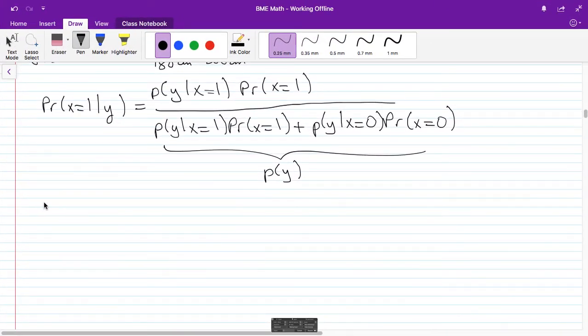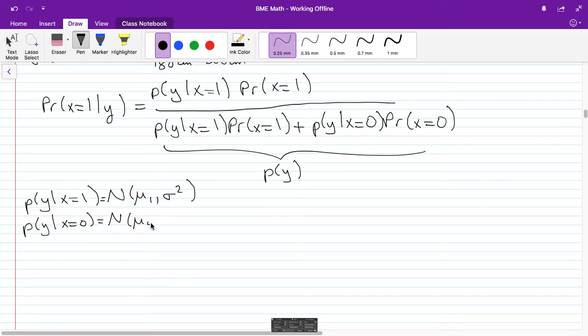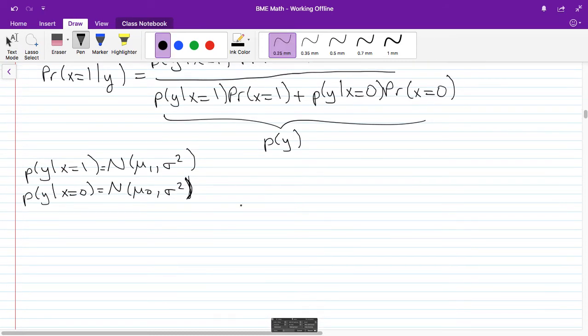Okay. All right, so let's write down our distribution. Suppose that the likelihoods are normally distributed: the probability of y given x is 1 is normal with mean mu1 and variance sigma squared, and the probability of y given x is 0 is also normally distributed with mean mu0 and variance sigma squared. So I'm going to assume that the variance of these two distributions is the same.